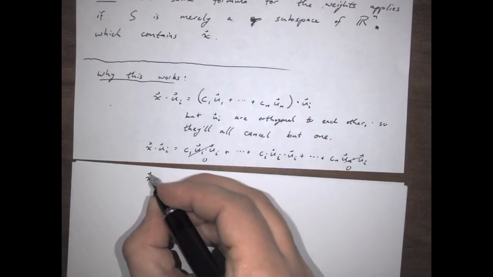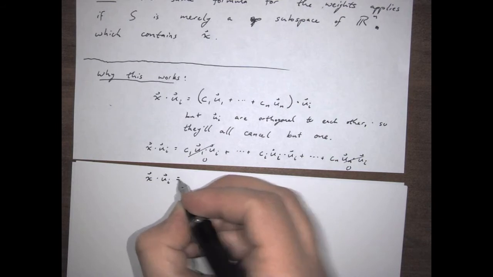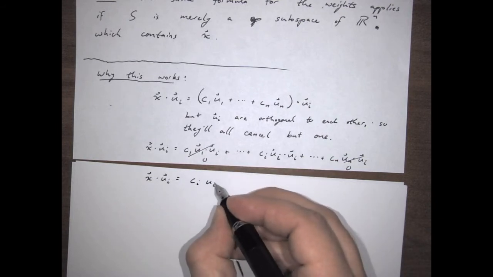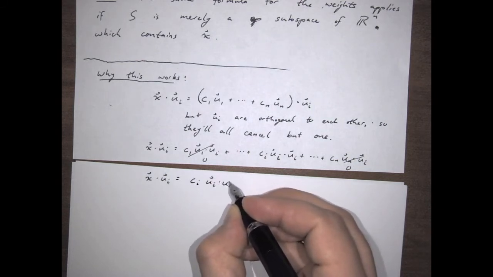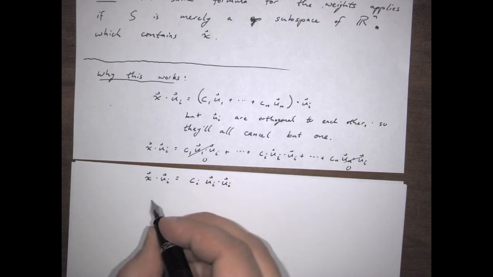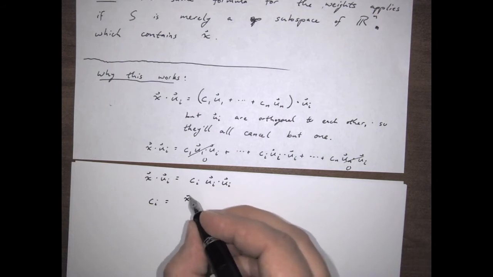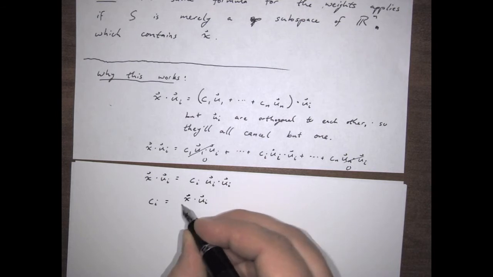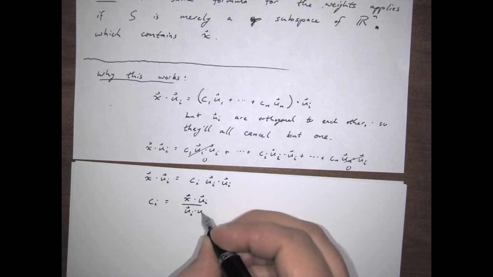So X dot UI is equal to CI UI dot UI, which means that if I divide both sides by this, then CI is equal to X dot UI divided by UI dot UI.